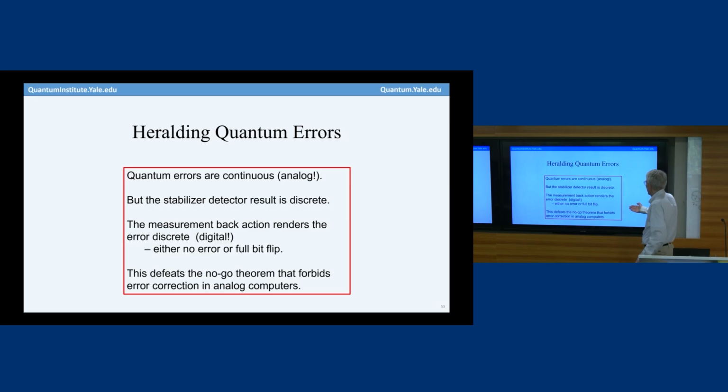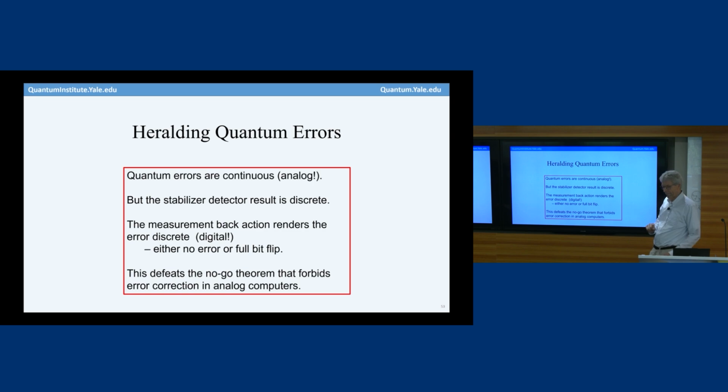It's this discreteness, your ability to make clever measurements that collapse this error state onto something definite that you can fix, instead of being continuous so that you can't fix it, that makes this go.